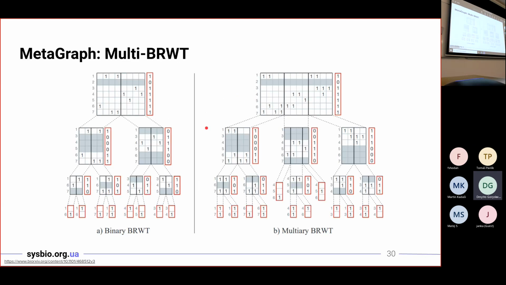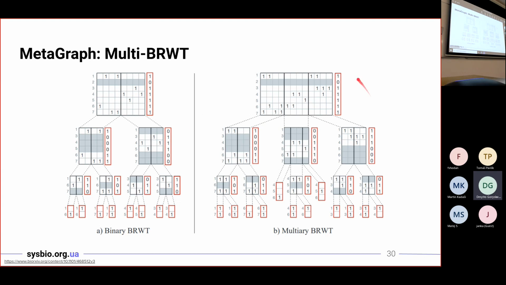One more extension of the basic BRWT is the multi-BRWT. This is just an extension that allows the nodes of this data structure to have an arbitrary number of children, as well as to arbitrarily distribute the columns of this matrix to its children.